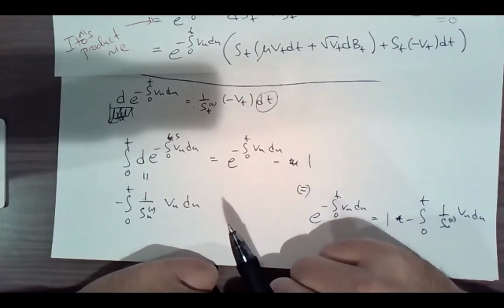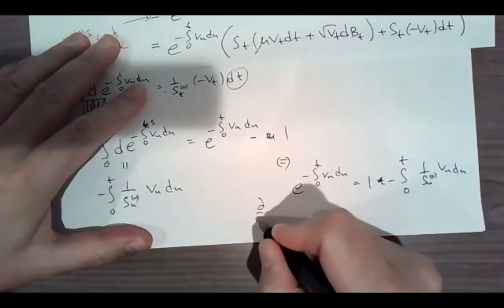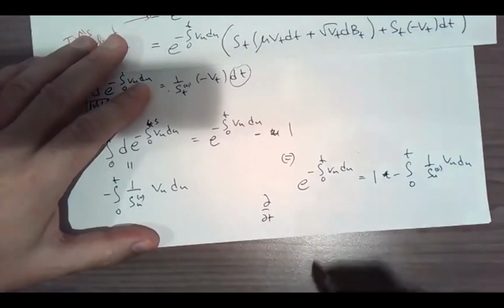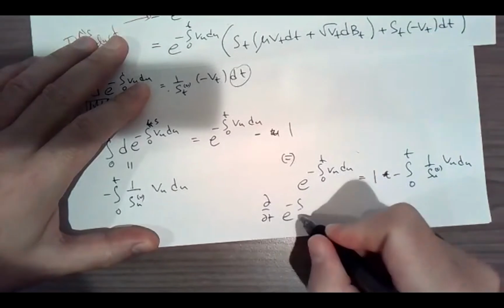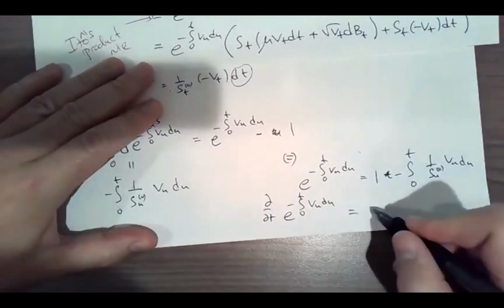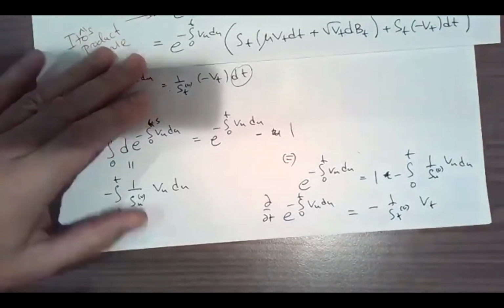Yeah. And then we're looking at the right-hand side. So then you led to this expression here. And what I'm saying is that if you compute the time derivative of this quantity, d of e to the minus integral from 0 to t of Vu du, this is going to be equal to minus 1 over St0 Vt.